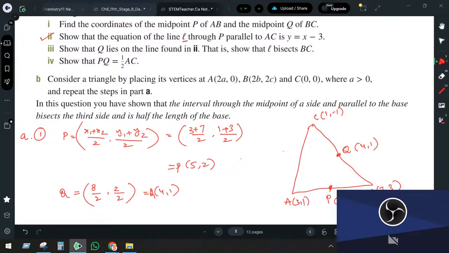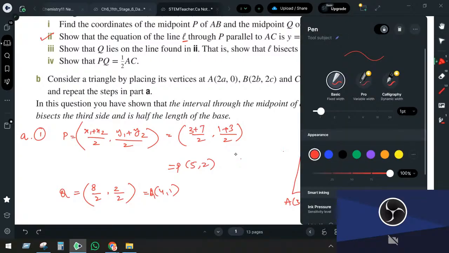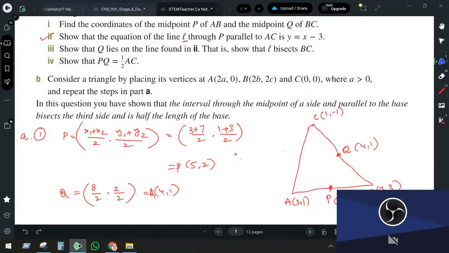This is the only line one can expect. So if he wants us to show the line, this might be the line which is parallel to AC. This is the only predicted line.